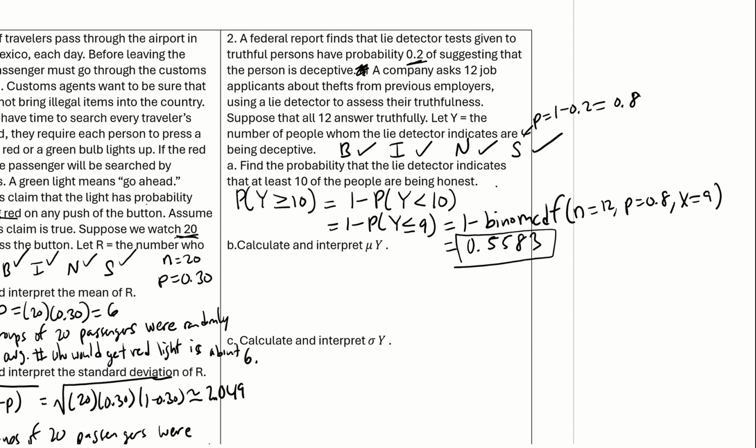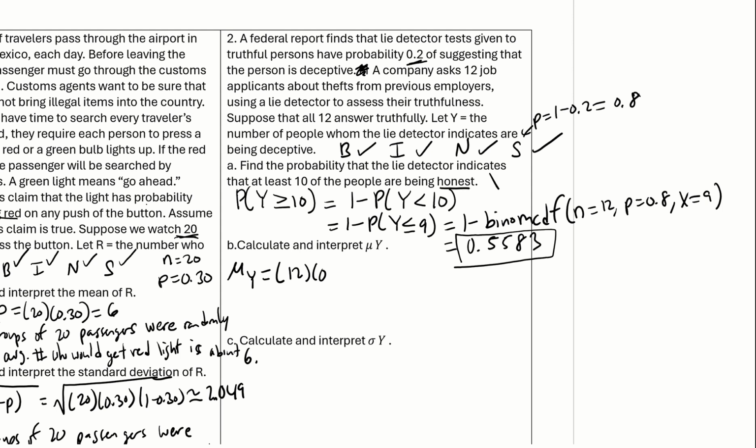Okay, so now let's do mu y. Mu y is n, which is 12, times p. So 12 times 0.8. I'm sorry, not 0.8. This is a tricky question because it's saying find the probability that at least 10 of the people are being honest. So I shouldn't be using y here, guys, because we want them to be honest.